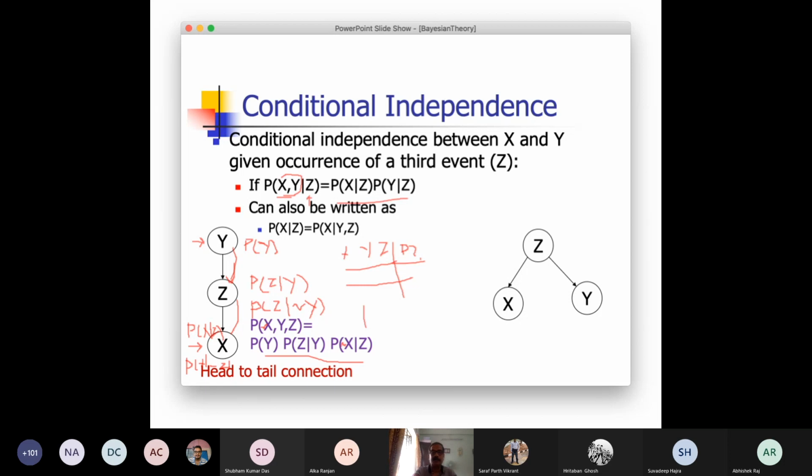Suppose I want to compute only, say, the probability of x and y. If I give you the joint probability distribution, it is trivial. I would compute the probability of x, y, z and the probability of x, y, not z, because there are only 2 conditions, and then simply sum them.